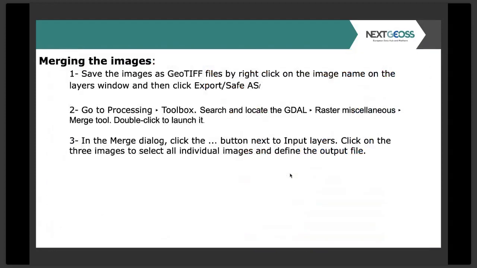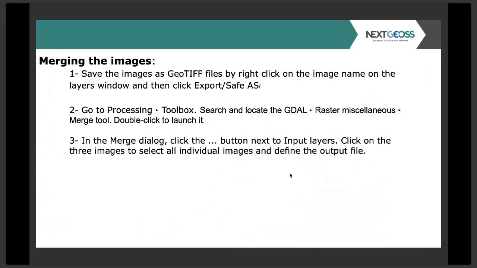How can we do that? There are clear steps. First of all, I will save all the images, because as I mentioned, they are NERSC files. I will save them as temporary files, then export them and save them as new files. After that, on the top of the software, I will go to the new processing toolbox.